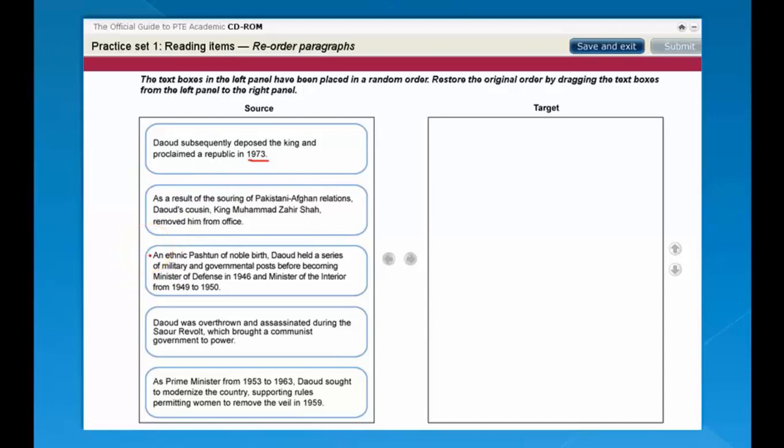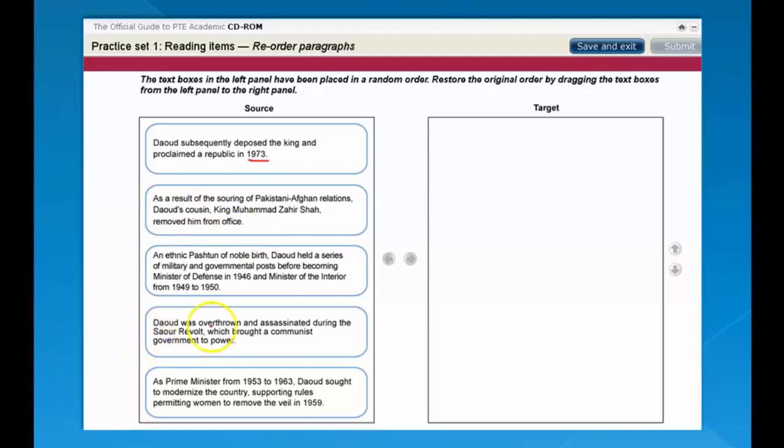The third one: an ethnic Pashtun of noble birth, Daud held a series of military and government posts before becoming Minister of Defense in 1946 and Minister of Interior from 1949 to 1950. Since this describes the different government posts, we can assume that he has not been deposed or removed from office by any king, so we can assume that this comes before being removed from office.